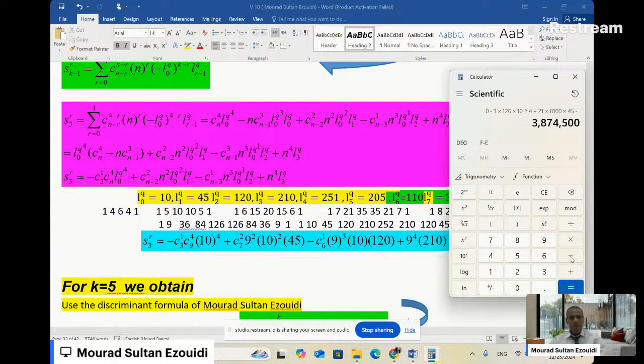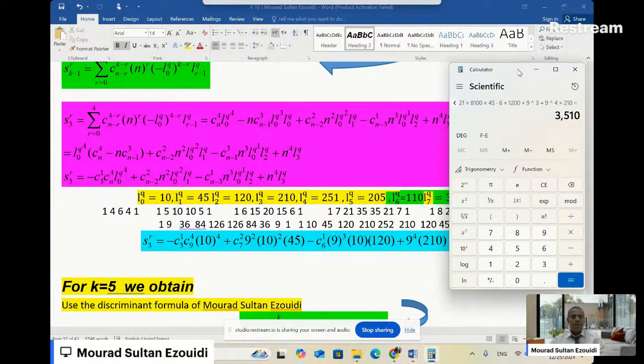Minus 6 multiply by 1,200, because 10 times 120 is 1,200, multiply by 9 cubed, 9 raised to the power 3, plus 9 raised to the power 4, times 210. This one is equal to 3,510.